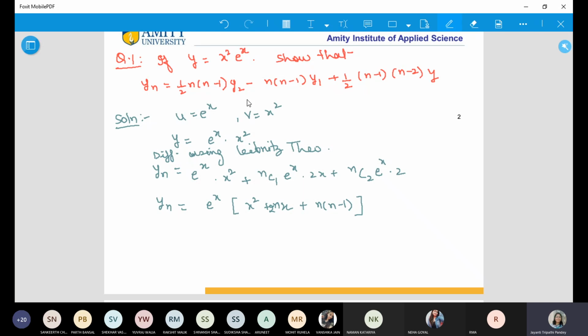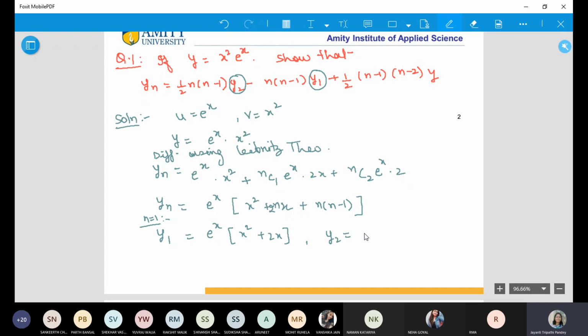Now since we have to correlate y2 and y1 with y, let's see what will happen if we put n is equal to 1. So y1 is e^x (x square plus 2x).